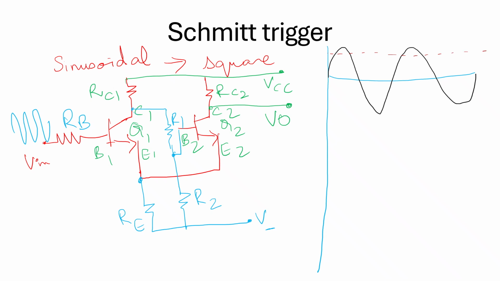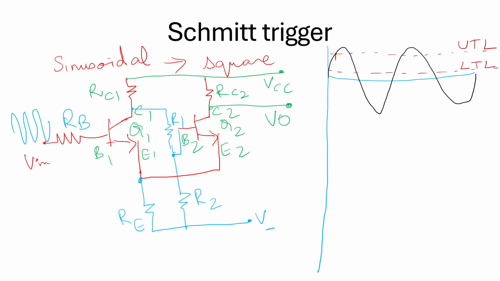One is the upper triggering level and the other one is the lower triggering level. These meeting points, this is upper triggering level UTL and lower triggering level LTL. I have named them in such a manner.